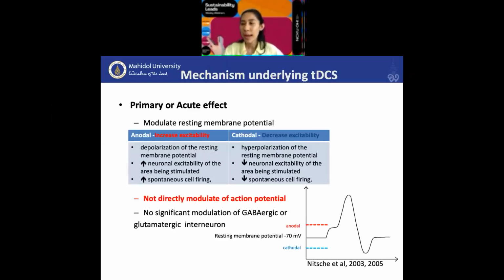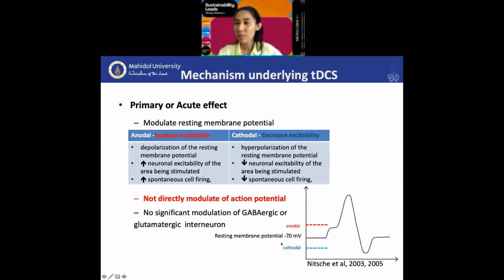Okay, so I'll talk a bit about the mechanism underlying tDCS. We can separate it into two phases. The first phase is the acute effect. Have a look at the pictures on the right-hand side. The resting membrane potential is about -70 millivolt, right? But with anode or cathode tDCS, this shifts the resting membrane potential.